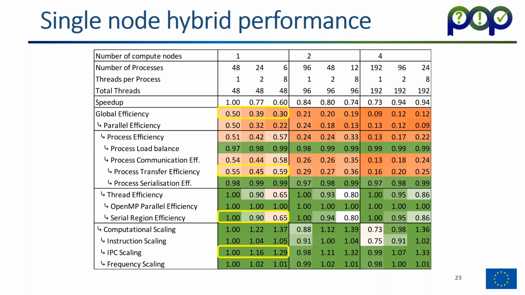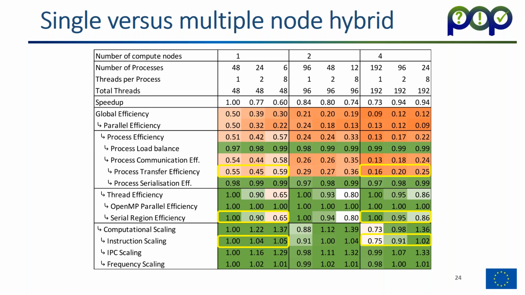And all the other metrics are quite high. So we can see that the OpenMP parallel regions are efficient, there's good process load balance, and there's very little serialization to worry about.